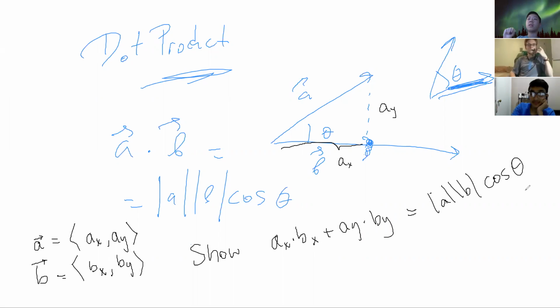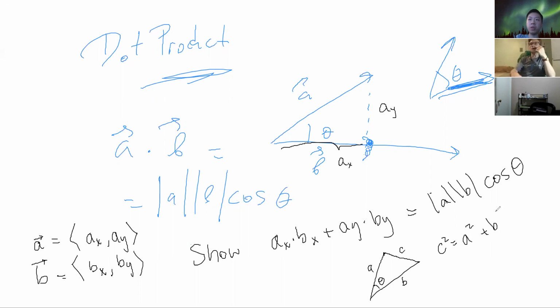And as a hint, to start off, the derivation uses the law of cosines, which states that in any given triangle with angle theta here and side lengths of A, B, and C, C squared is equal to A squared plus B squared minus 2AB.